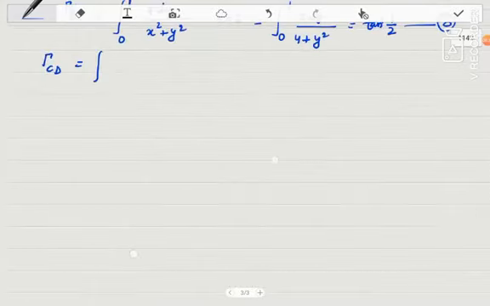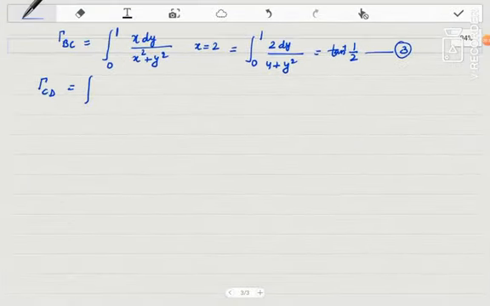X varies from 2 to 1, because you are going from C to D. Since x is variable, dy will be 0, and we are left with y dx upon x square plus y square, where y is fixed at 1.